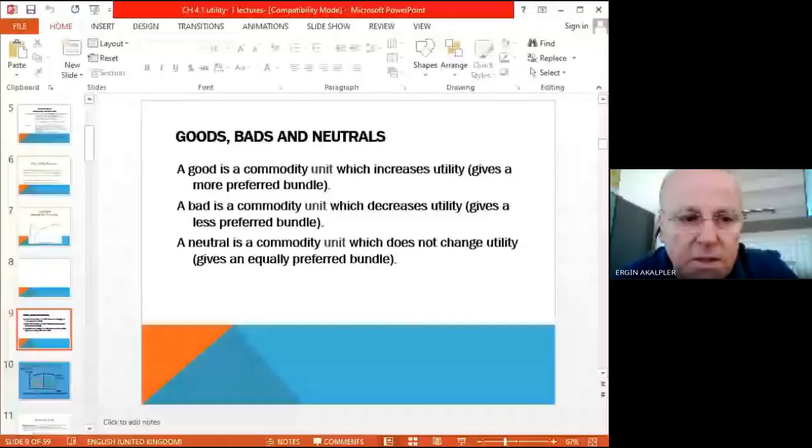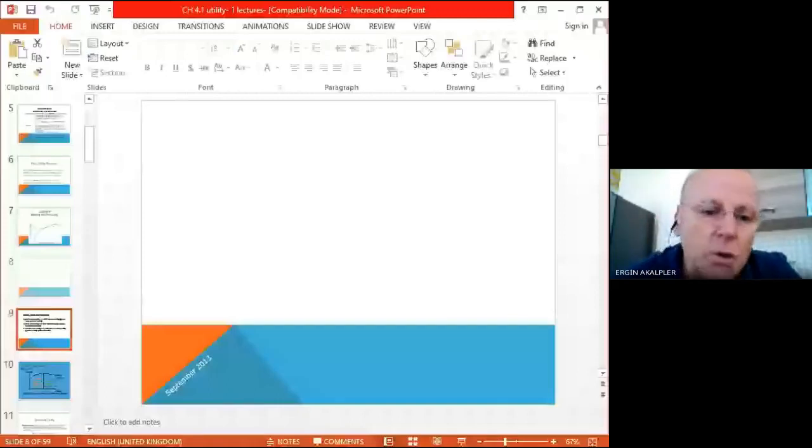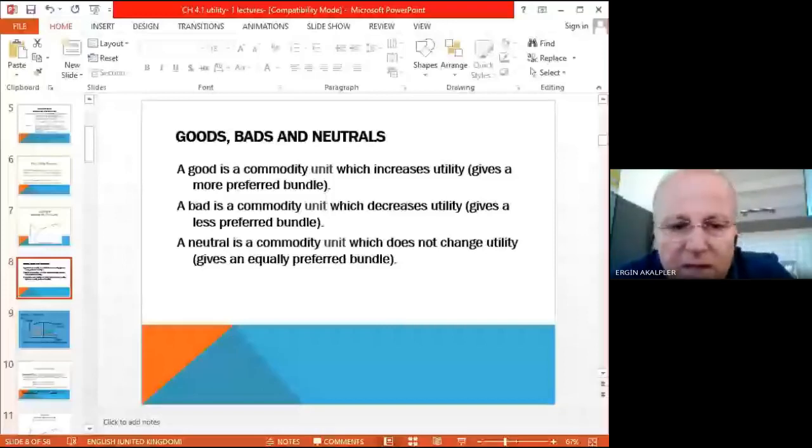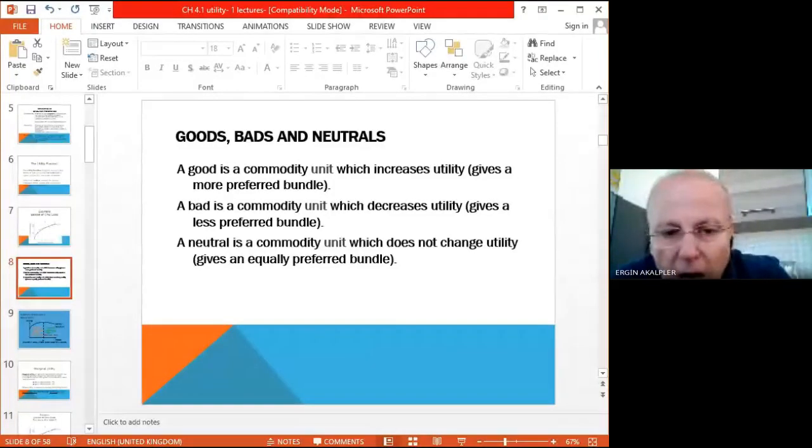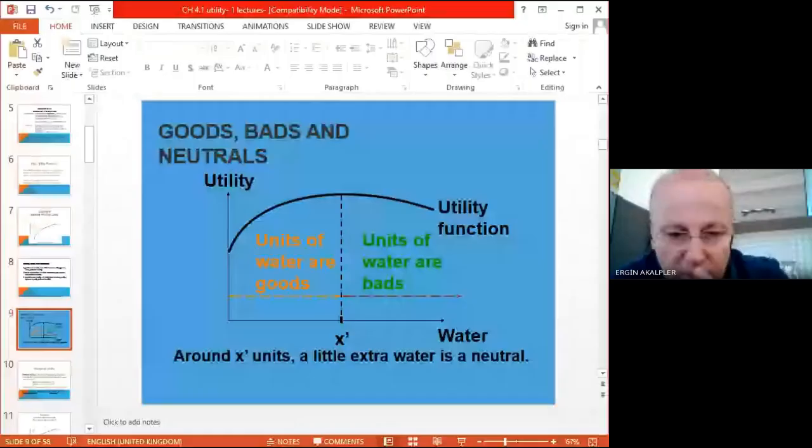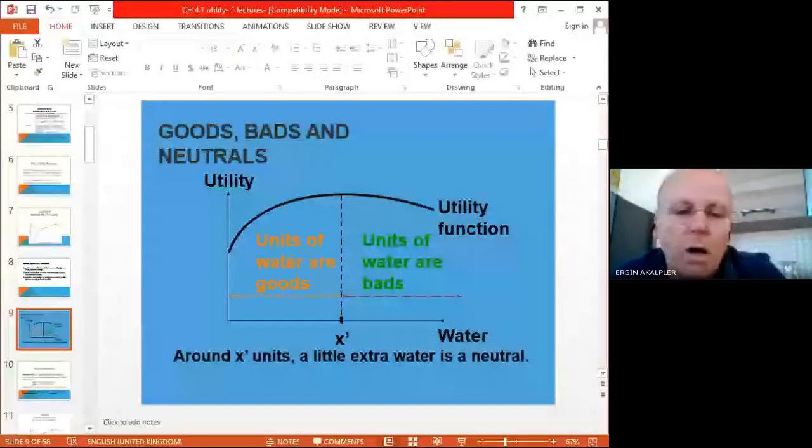Okay, we have then the good as a commodity unit which increases the utility, and we have the bad, which decreases the utility, and we have the neutral where we are not changing our utility. Therefore, when you are on the right side, you have the bad scenario with negative utility, and when you are on the left side, you have increasing utility, even if it is a decreasing amount of increase.